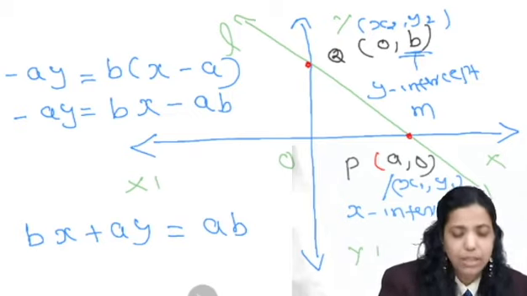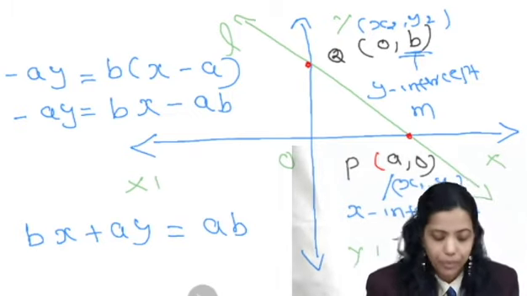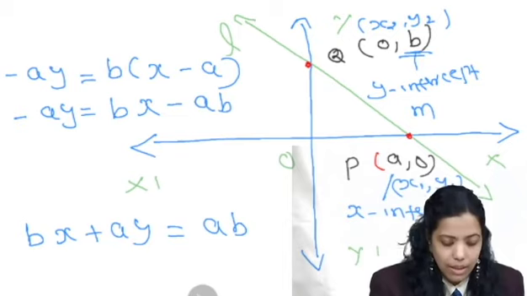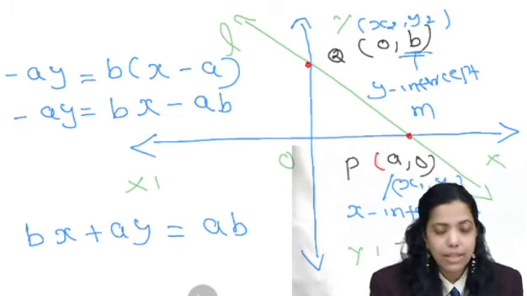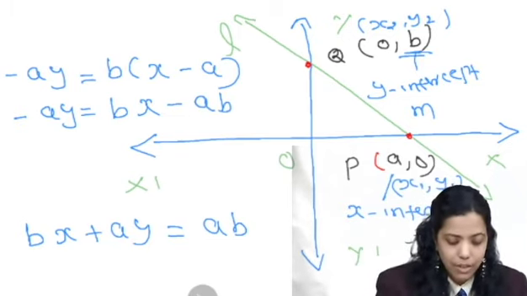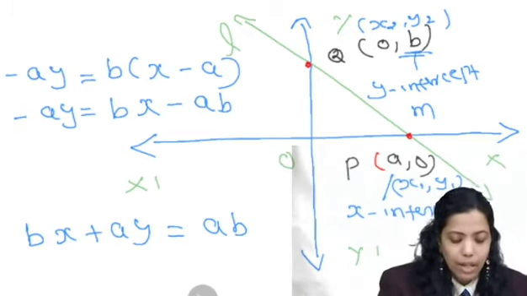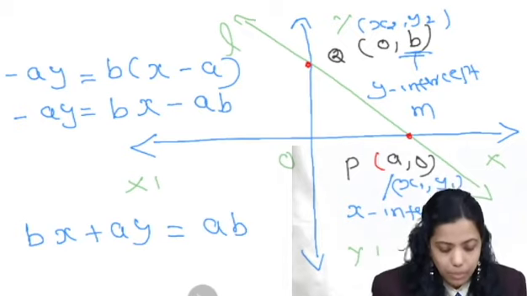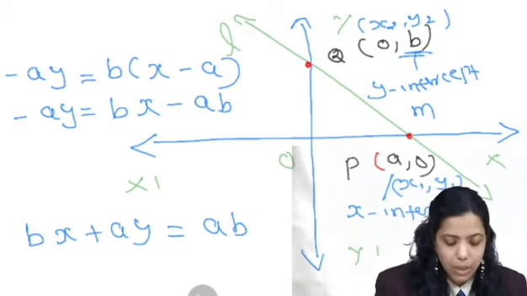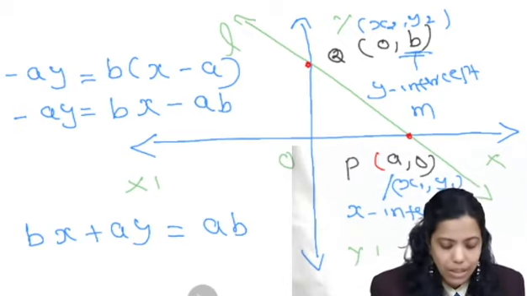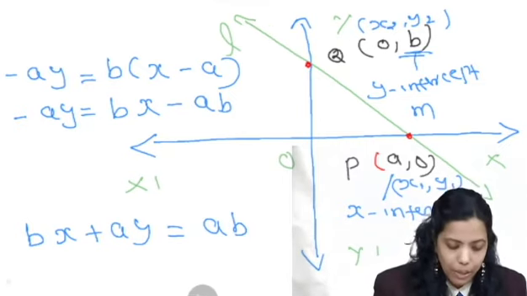I just want to take everything in the positive order. So I transpose the term minus ay to the right hand side, and we are getting ay as positive, and ab, if we transpose it, will turn positive. Negative means it will turn positive. So by rearranging we are getting bx plus ay equal to ab.